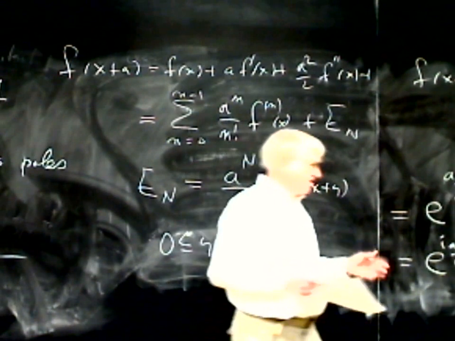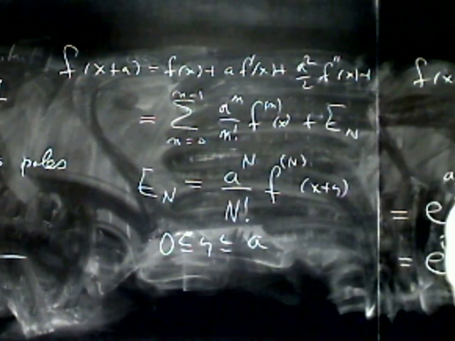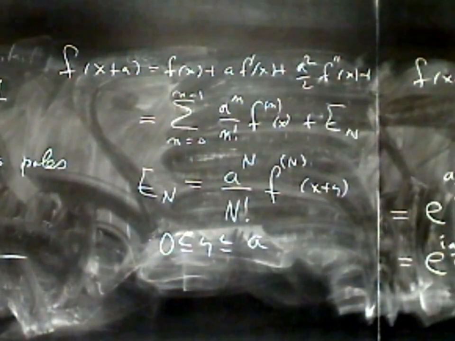By the way, the essential difference between quantum mechanics and classical mechanics is that the translation operator is the momentum operator, and the time translation operator is the Hamiltonian, the energy operator. That's the essential difference.